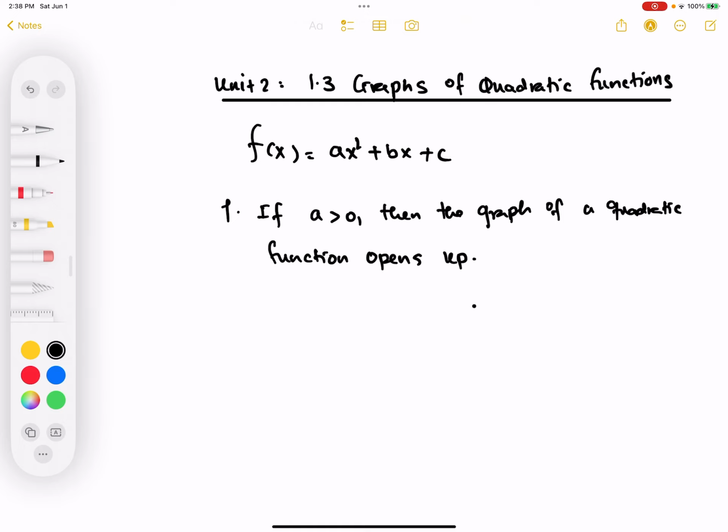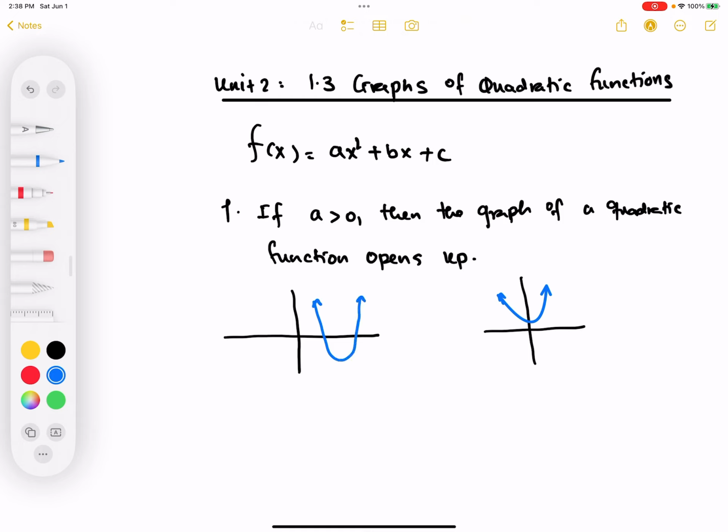For example, if a is positive, the graph of a quadratic function looks like this, open up, or another. For example, you can have a graph like this, a parabola that opens up, and so on.